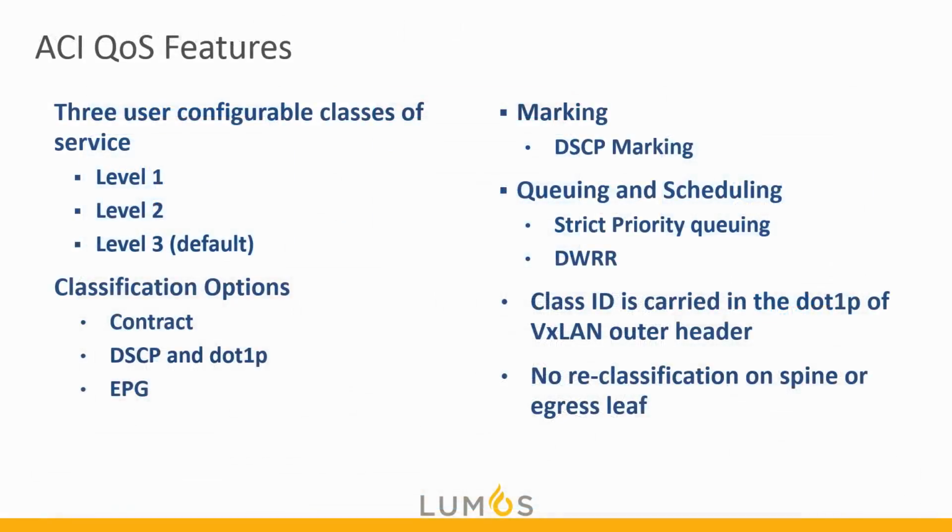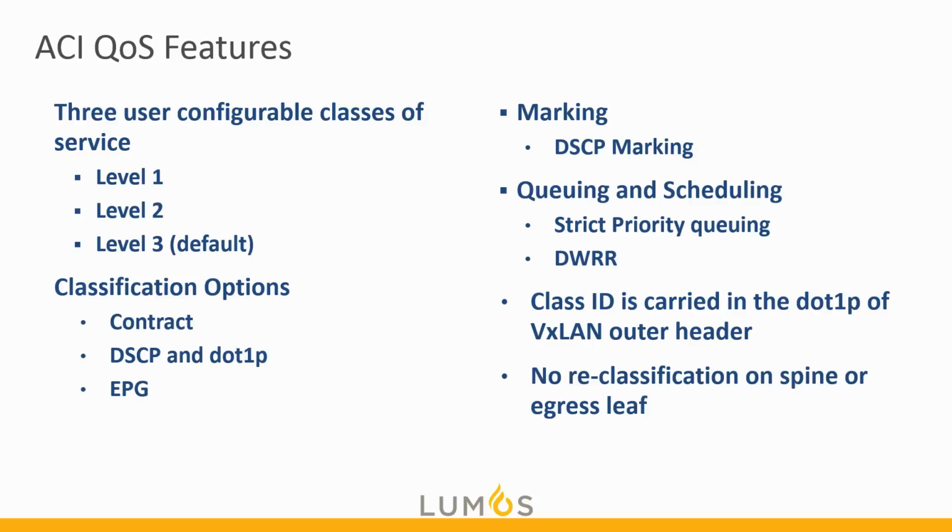Now ACI currently has 3 user configurable classes of service called level 1, 2, and 3, which is the default. Some of the options that we can use in a contract deal with DSCP and 802.1p, as well as at the EPG level.